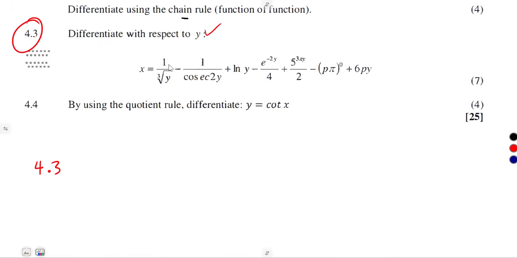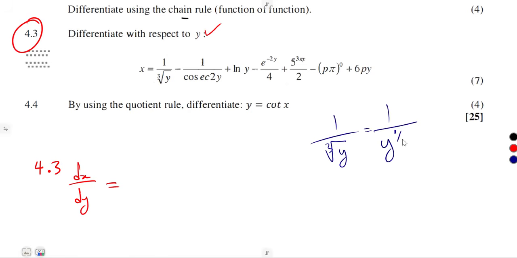4.3, with respect to y, differentiate. That's x with respect to y. Let's start. So there I'm just going to write the answer, guys. The derivative of x with respect to y is, let's see here, 1 over the cube root of y, which is the same as 1 over y to the exponent of a third, which you can take up and write as y to the exponent of minus a third.